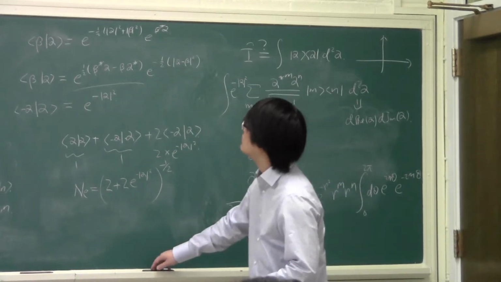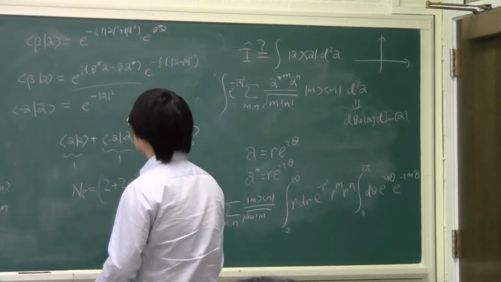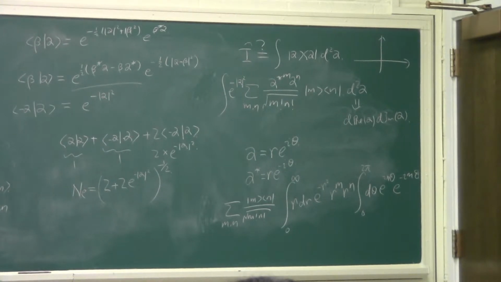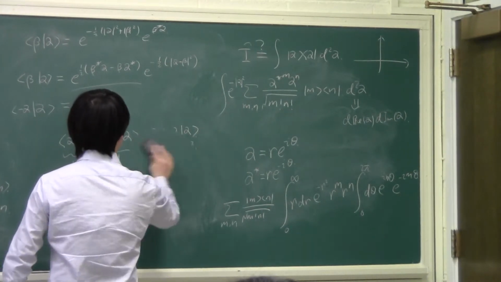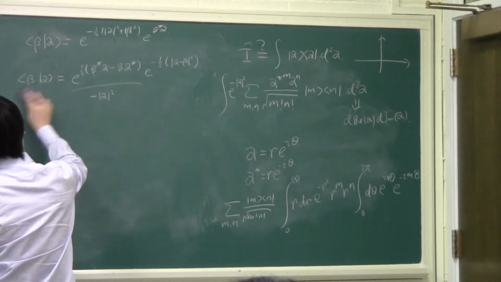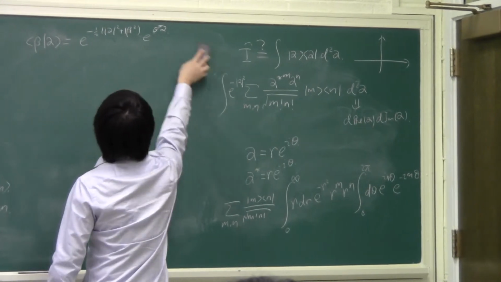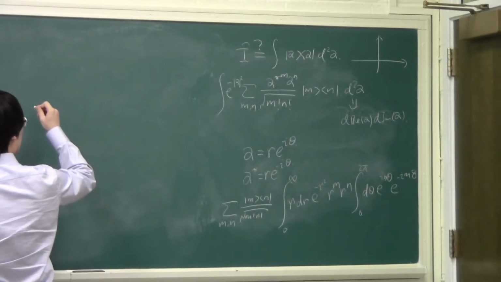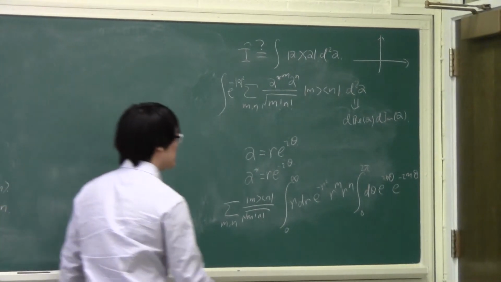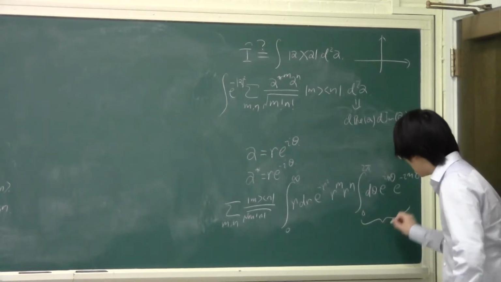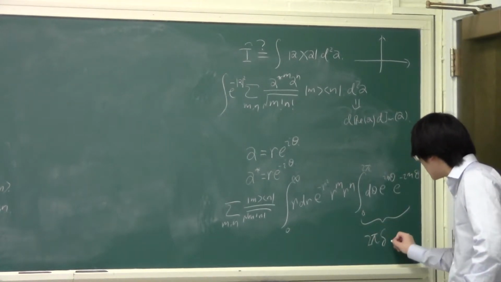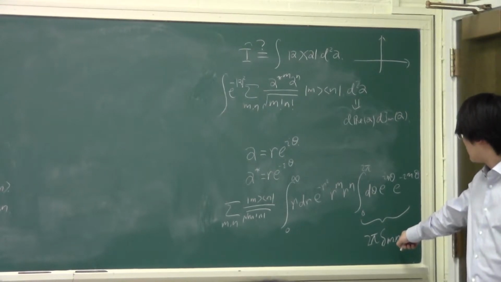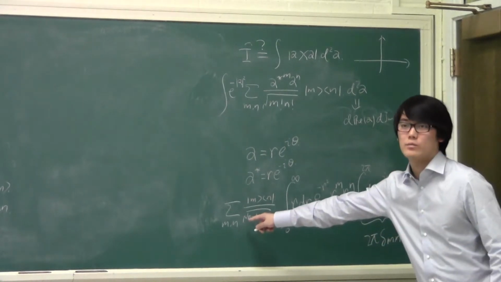Let me erase some stuff. Over there, the angular integral allows us to write a 2 pi delta mn here, and this is going to again remove one of these summations for us.